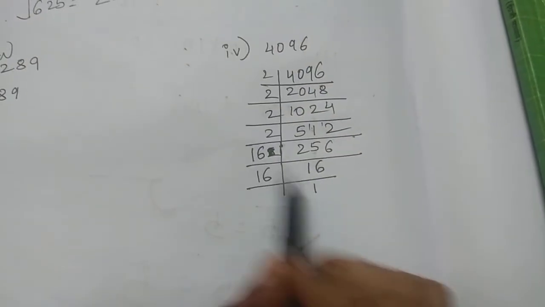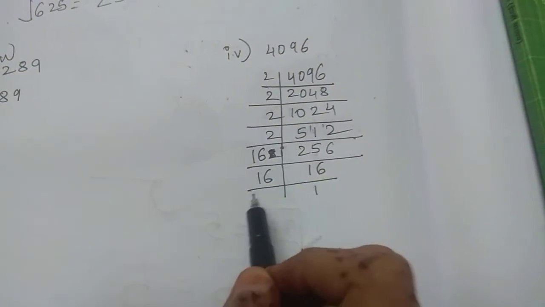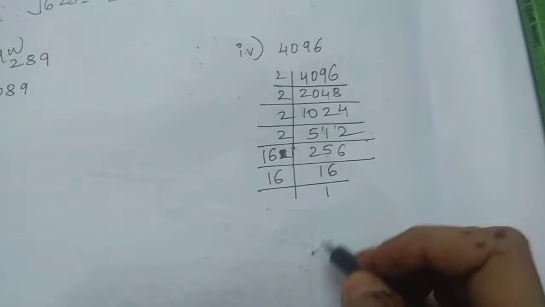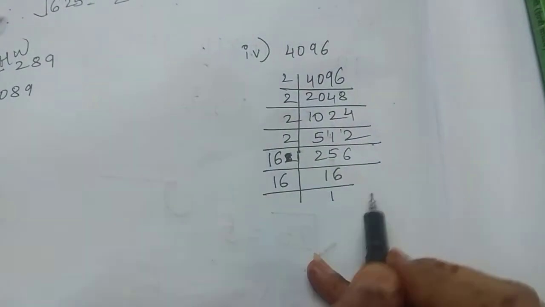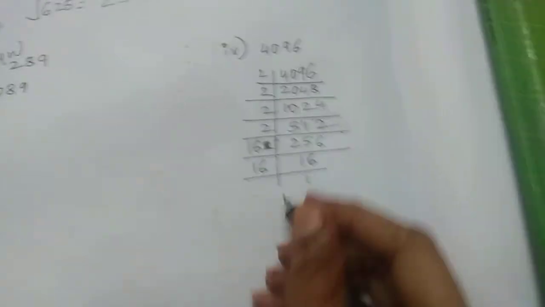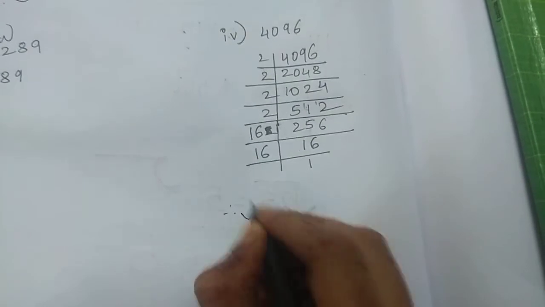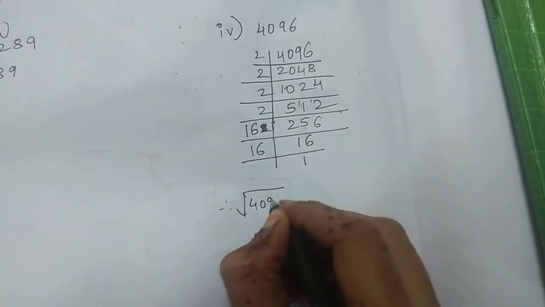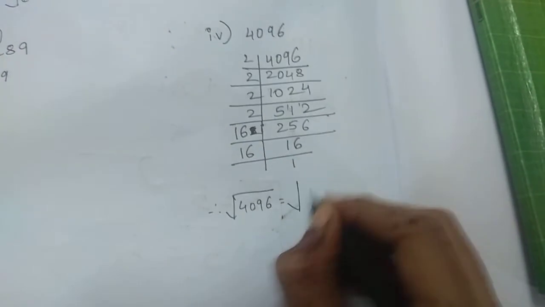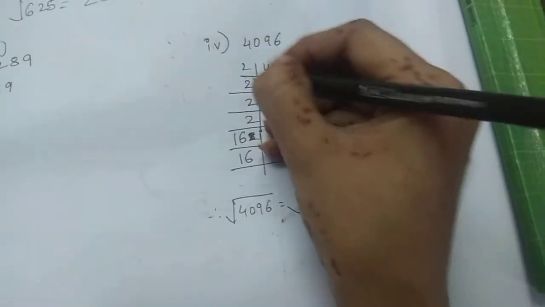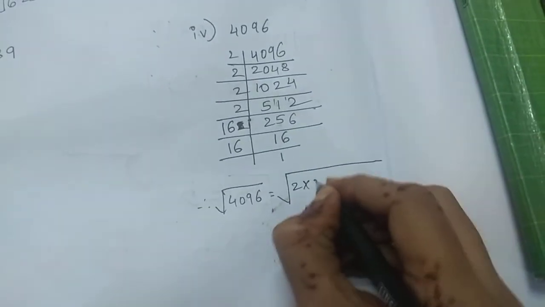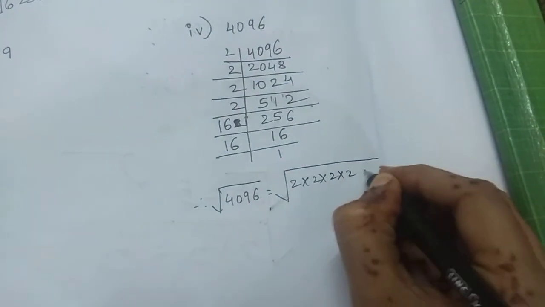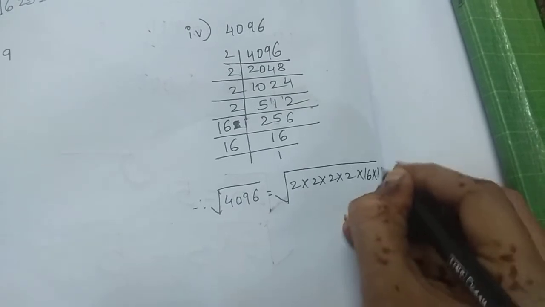Now this is okay. Why? Because we are finding the square root and we are not finding prime factors. So directly if we write 16, that is okay. So now therefore again we will put this 4096 in a square root and its factors also in the square root: 2, 2, 2, 2 and 16 into 16.